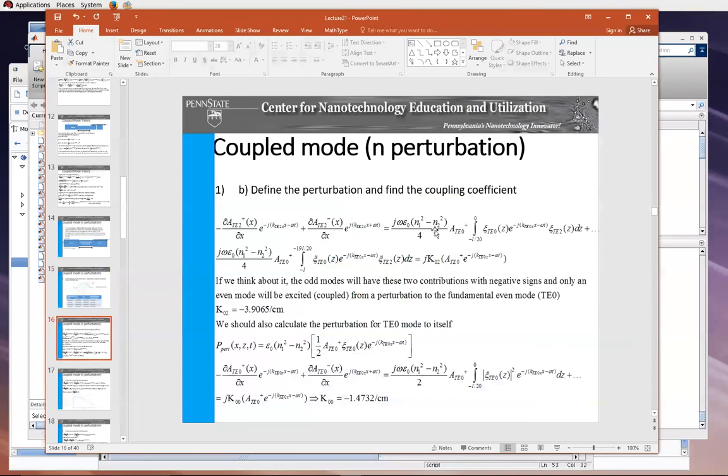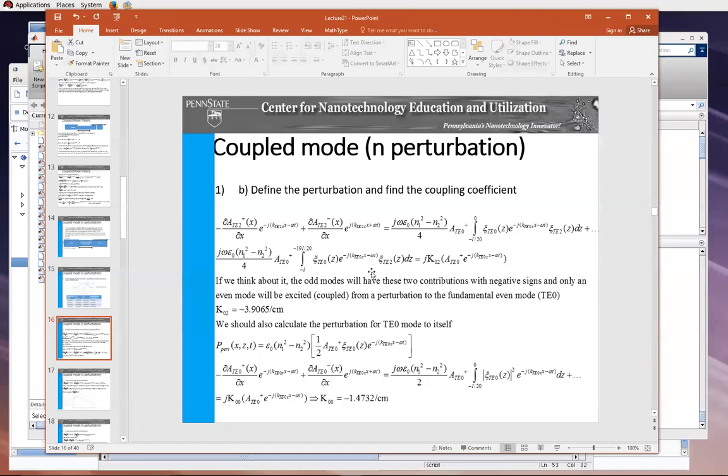What we're trying to do is understand how much TE0, the zeroth order TE mode, would perturb the second mode, TE2. That's why on the left-hand side we have TE2. For that, we have 2 regions, as you know, from 0 to minus L over 20, and from minus L to minus 19L over 20.